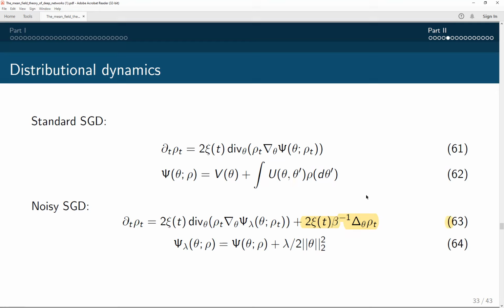Anyway, I wanted to ask a question. I didn't understand precisely why. So psi is what physicists would call the potential, I guess.